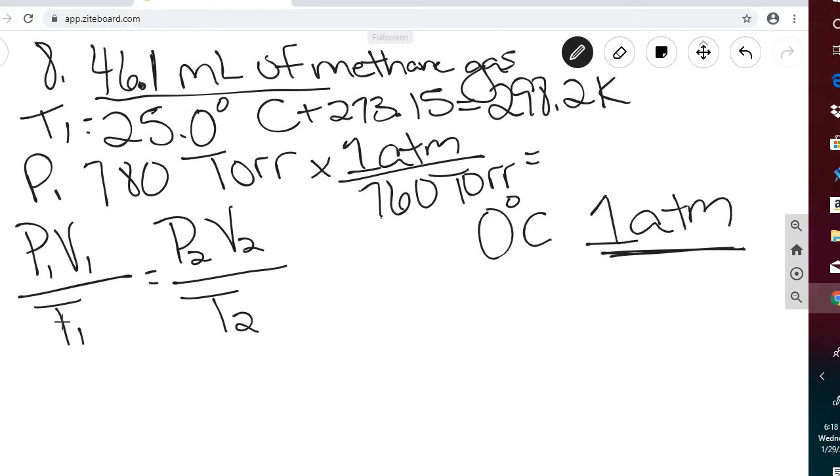So P1 would then be equal to 1.02 atmospheres. So that's one more significant figure than we should have.